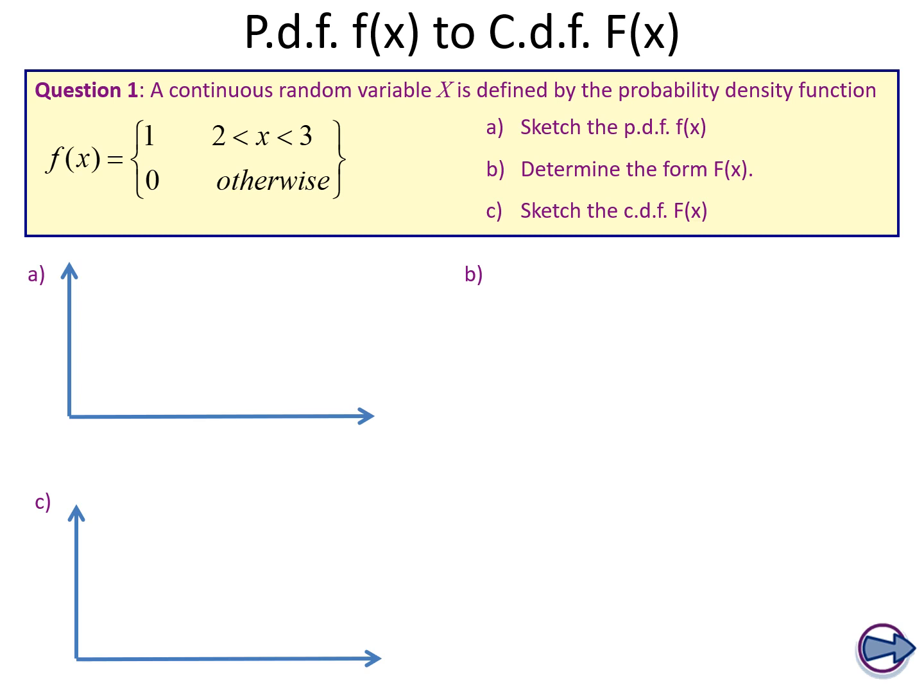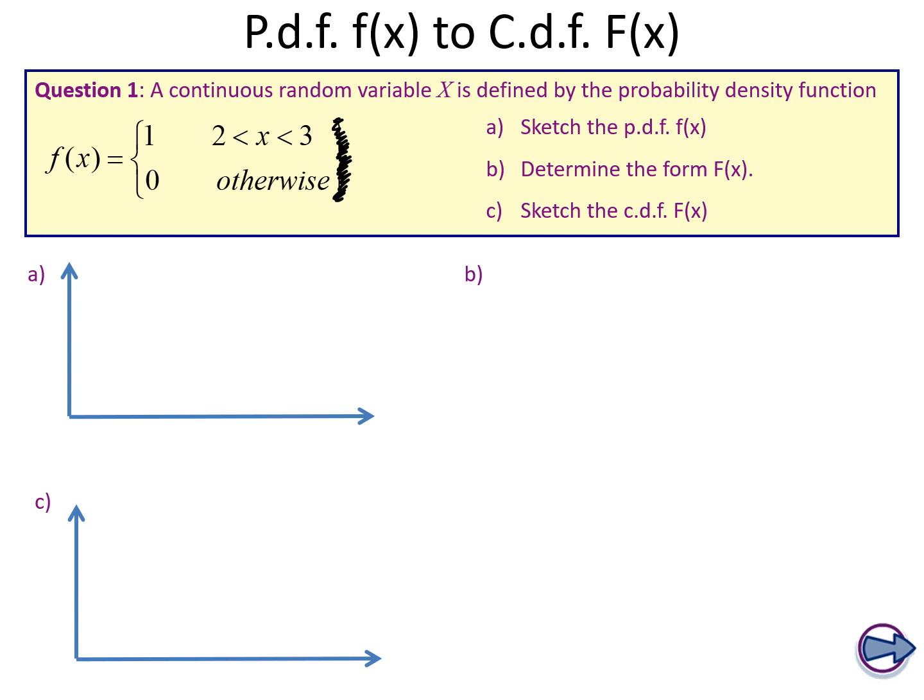A continuous random variable x is defined by the probability density function, that thing. Now on my slides, you have double brackets just because when I was writing these, it wouldn't let me do one bracket. Generally just do one bracket there. Right, we've got to sketch the probability density function. Well, it's not that hard. It's the graph y equals 1, and it's between 2 and 3.